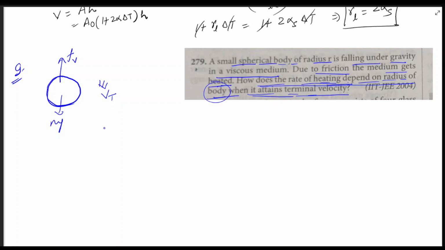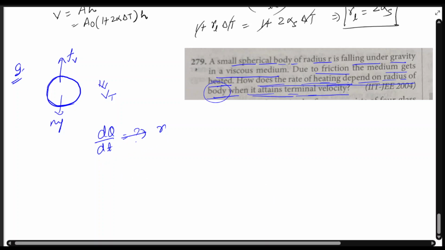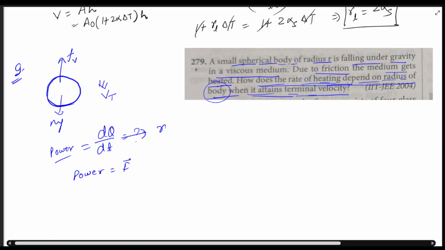The rate of heating will be dQ by dt. So we have to find dQ by dt in terms of r, the radius of the body. Now we know dQ by dt is power, which is F dot v.